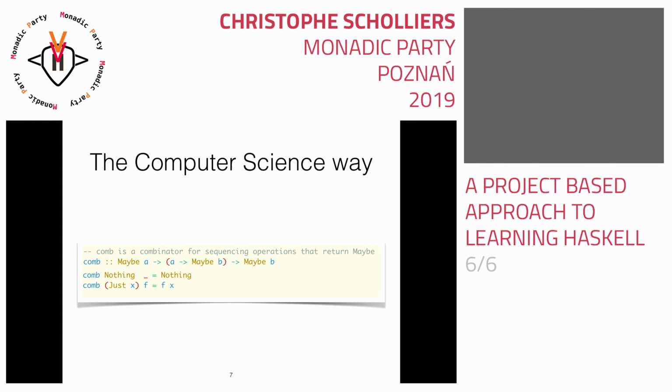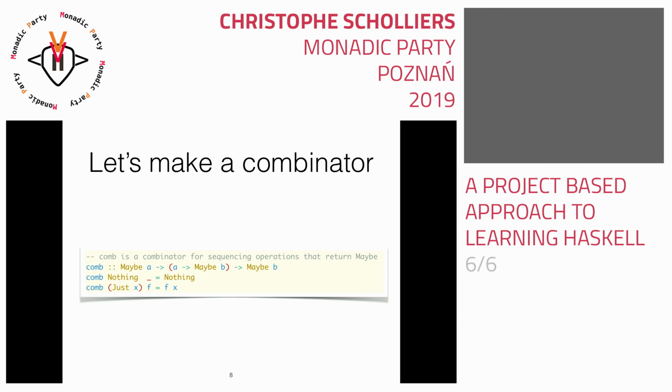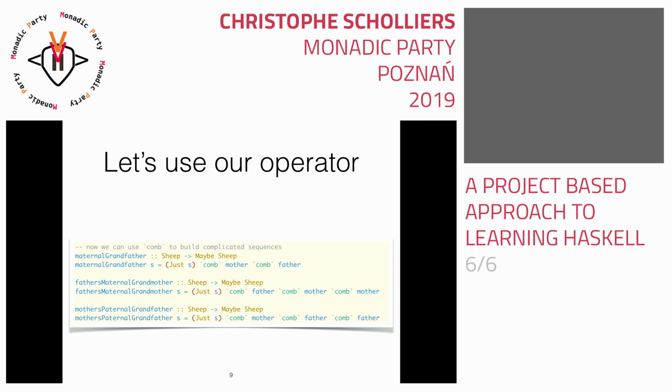Okay. So now that we have our combinator, let's look at how we can actually use this to make our program or our life a little bit easier. So we have a sheep, and we want to use our combinator, but we cannot use it immediately, because remember, the combinator as first argument expected a maybe A, right? So we wrap it in a just. Then we use our combinator, and we apply the mother on it, right?